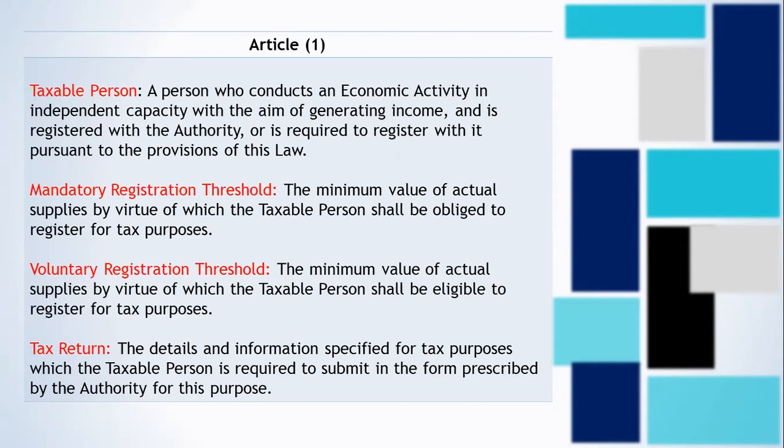Second is mandatory registration threshold. So the minimum value of actual supplies by virtue of which the taxable person shall be obliged to register for tax purposes. In our coming videos, we will be covering a separate topic on registrations, including the threshold and voluntary registration in detail.